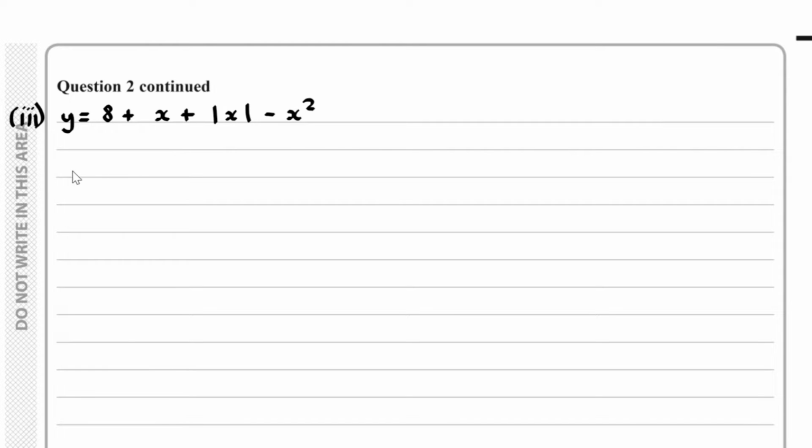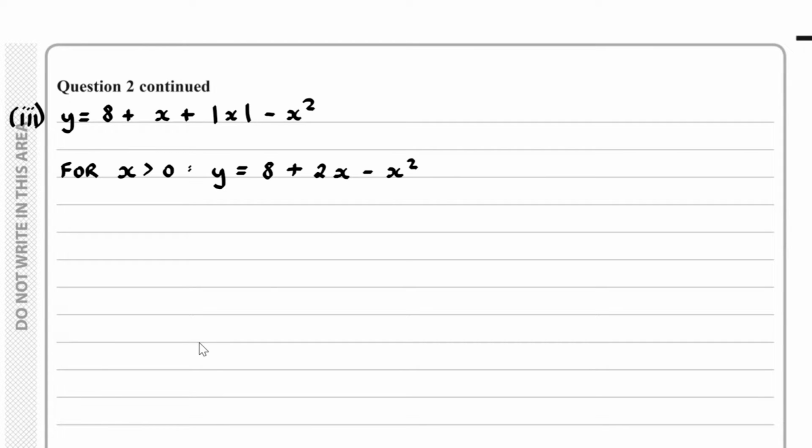Now here, we need to see that for values of x being greater than 0, what we'd have is y equals 8 plus 2x minus x squared.